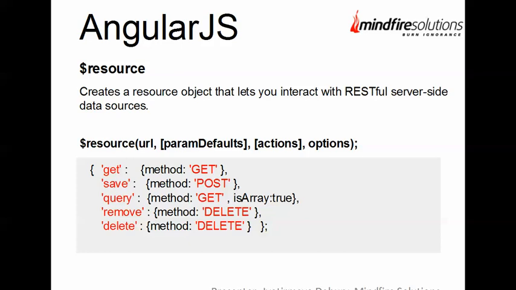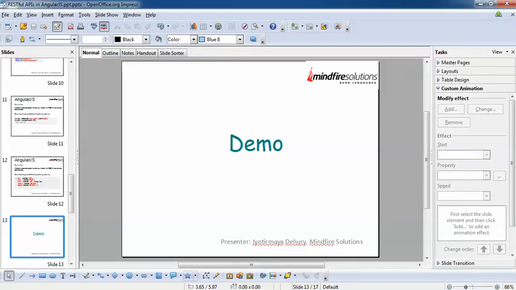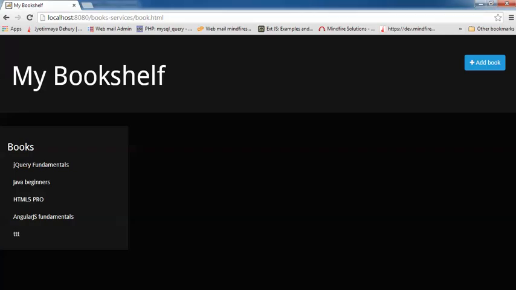And remove and delete are both the same, both are used to send a delete method to the server. Now let's go to a demo application. It's a simple demo actually.